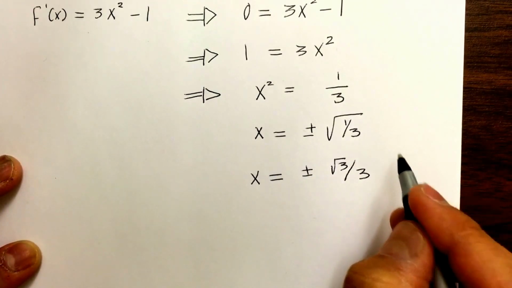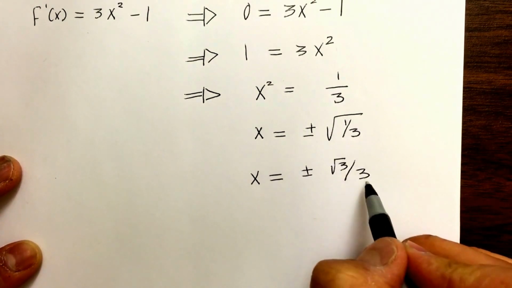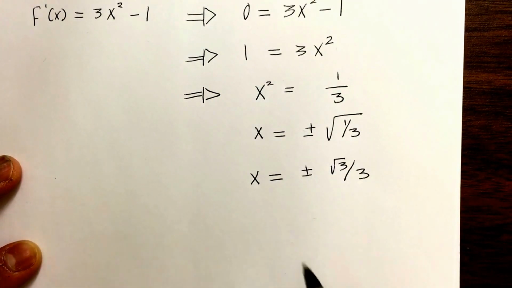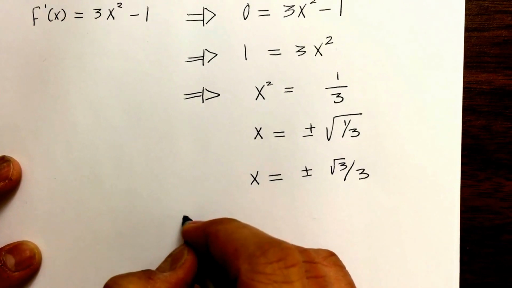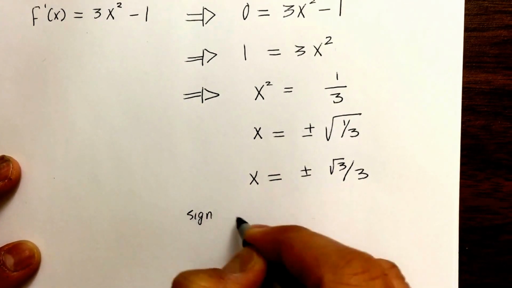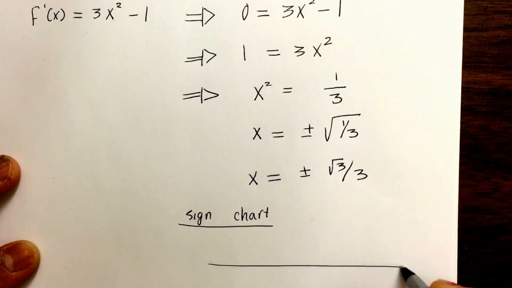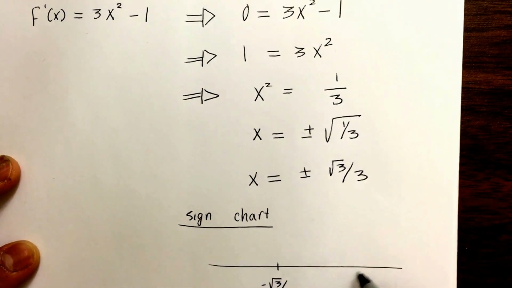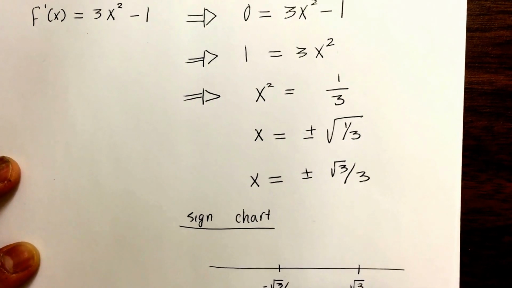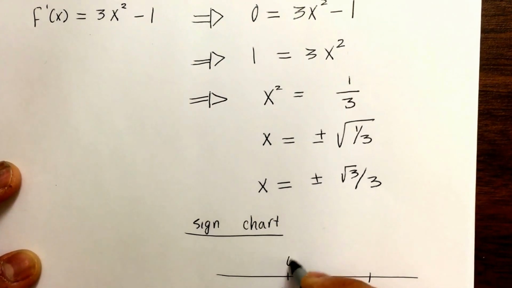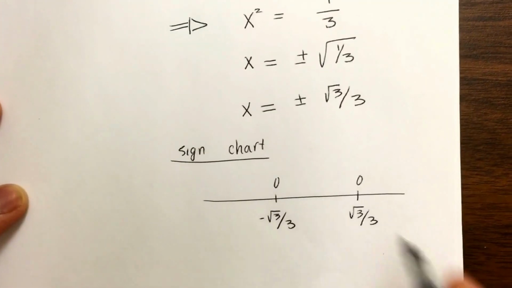So we have two options, rad 3 over 3 and negative rad 3 over 3. We then create a sign chart. So negative rad 3 over 3 is over here, and rad 3 over 3 is over here. These are the points where the derivative equals 0.